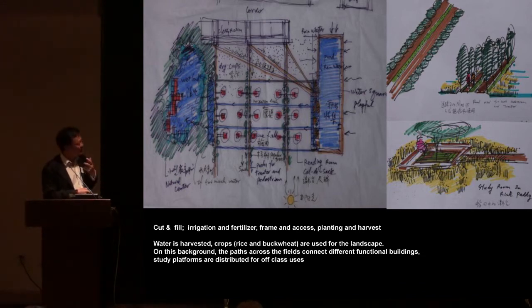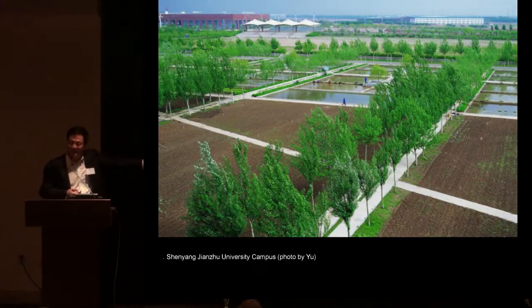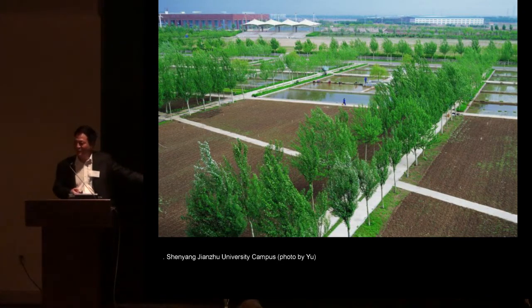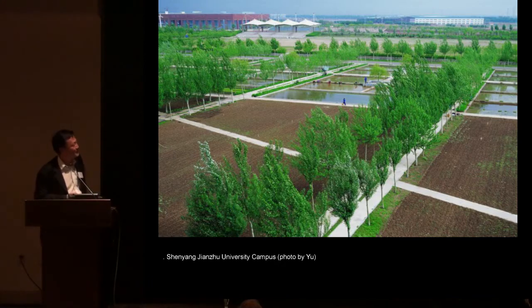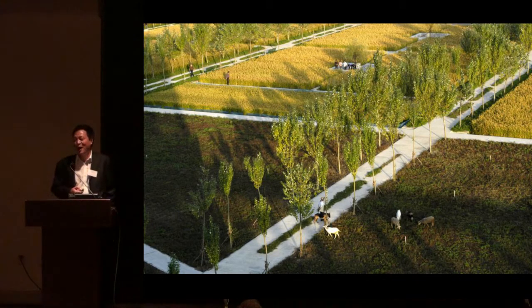Collect stormwater to irrigate the field, create this tree line as a frame, and put the study room right in the middle of the field. That's literally using the peasant's approach to create the landscape right in the middle of the city, and it's certainly very productive, but beautiful.